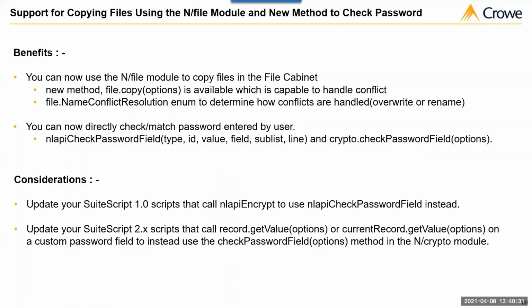Okay, so we have new features provided by NetSuite in this release. There are many new features, but I have selected these two here: copying a file from one folder to another folder in the file cabinet, and checking a custom password. In a few scenarios where we have password functionality, we need to store some kind of password.